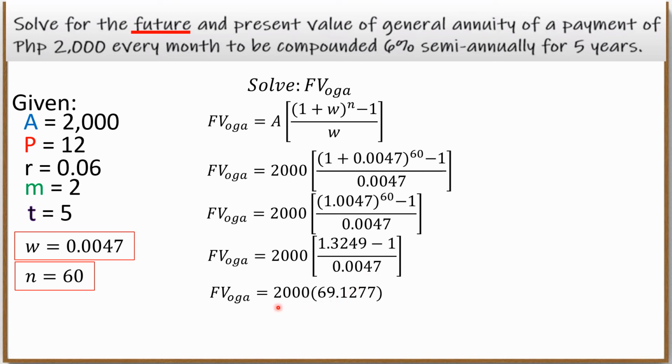And we'll have 2,000 times 69.1227. Therefore, our FVOGA is, correct, 138,255.4. That is the future value of the general annuity.